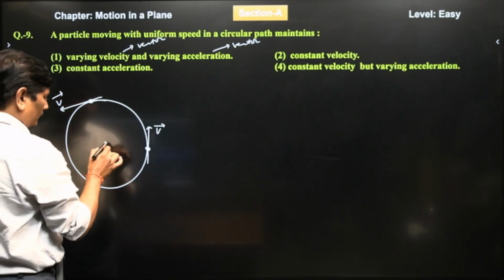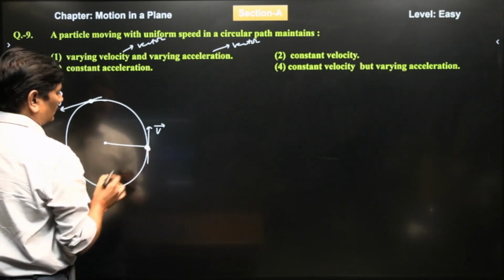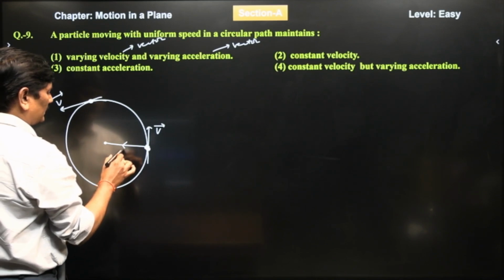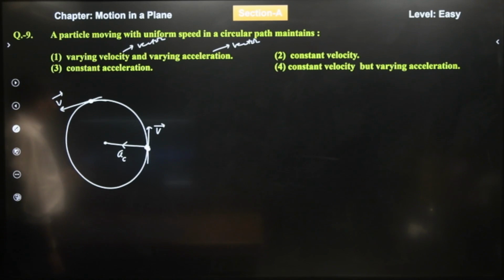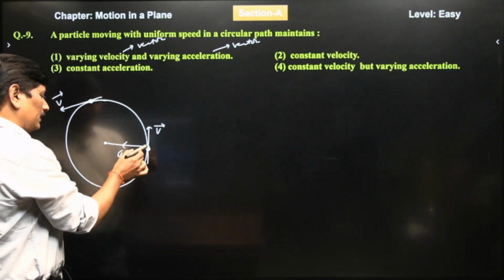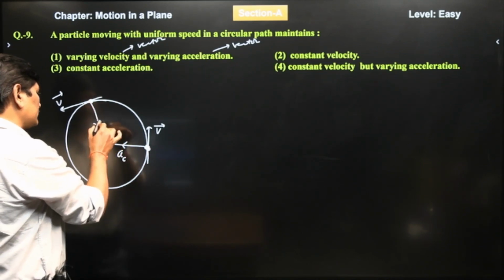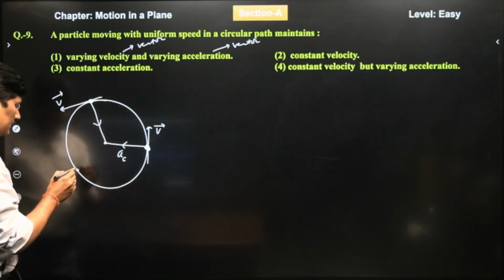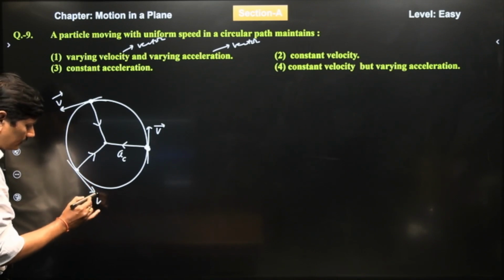And further, in circular motion with uniform speed, the acceleration is a centripetal acceleration. We write it as AC. Centripetal acceleration is towards the center. When the particle is here, centripetal acceleration is like this, and here like this, towards the center, while the direction of velocity is like this.